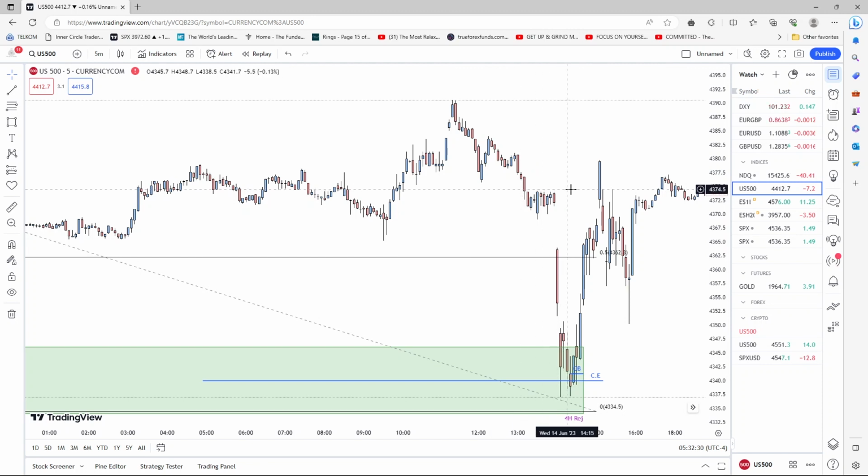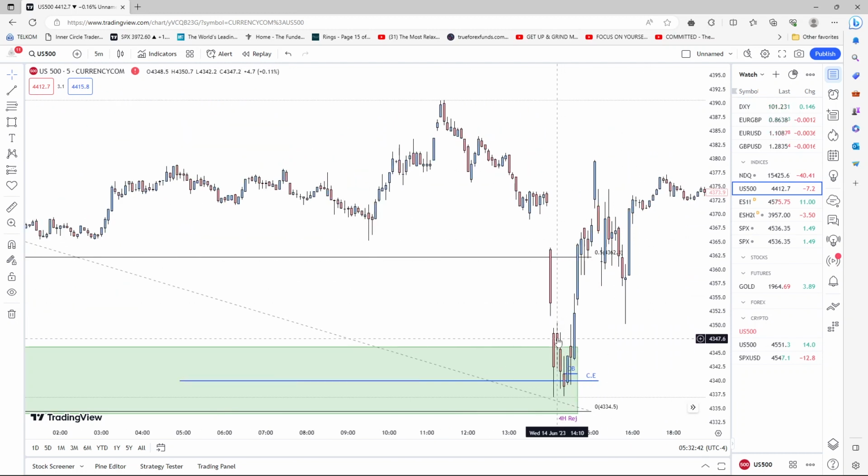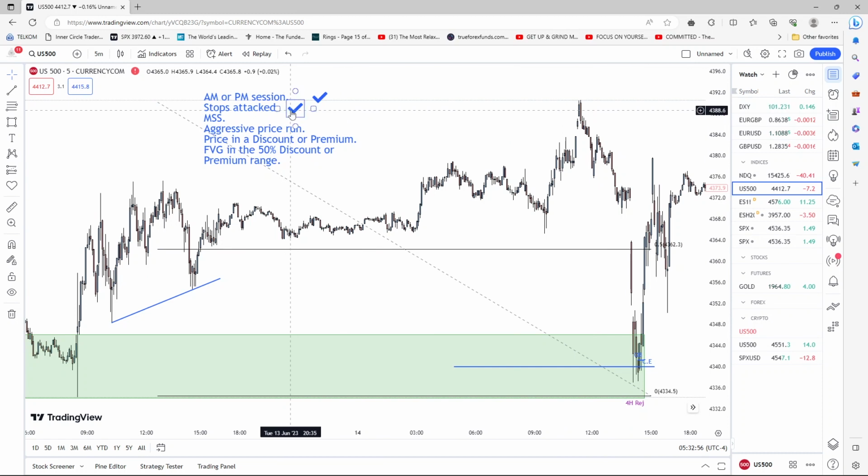So some of you might be looking at this high over here, and you can see we had tapped it right there. Boom. So it depends how you look at it though in this example. But I would say yes. We cleared this candlestick there. That would be a market structure shift. If not that one, then you can look at these candles over here. That would also be a valid structure shift. It just depends how you look at this piece of price action.